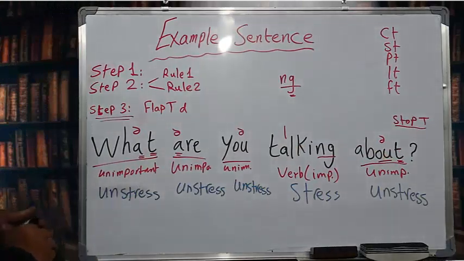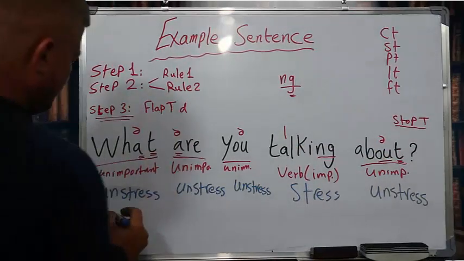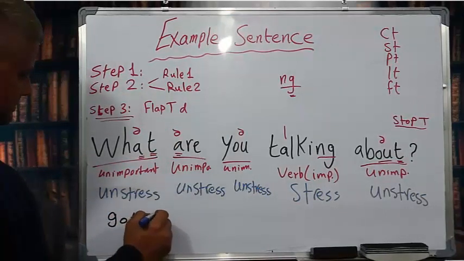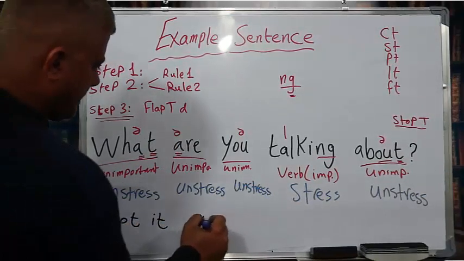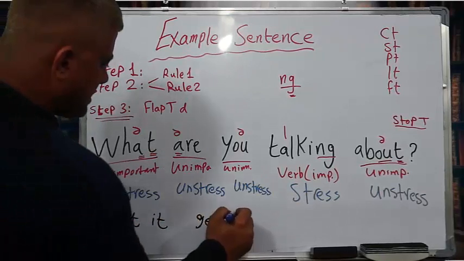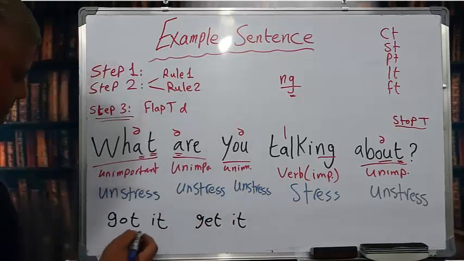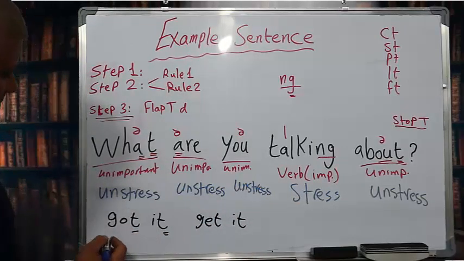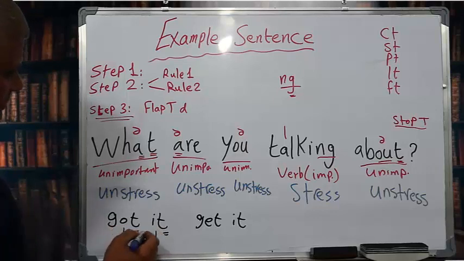Let's take this common word like got it or get it. You will see the rules. The T here and the T here. The T here is flap T because it is between 2 vowel sounds. So get it.